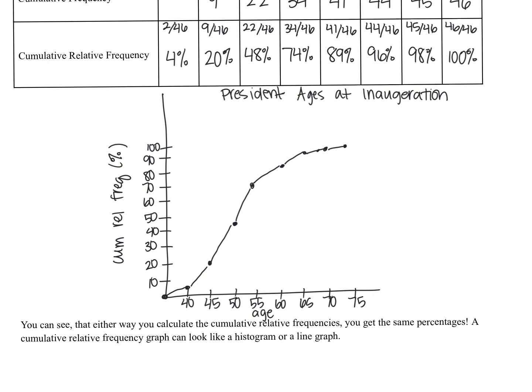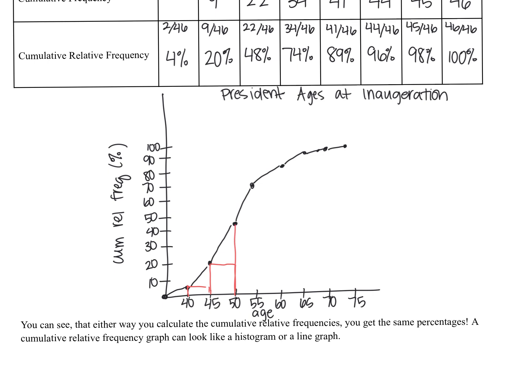And then we have basically the same graph. You can make it look like a histogram. So if you wanted to, as you're going up to the percentages, you basically just make them, so like from the 40 to 45, and then it goes up and over.